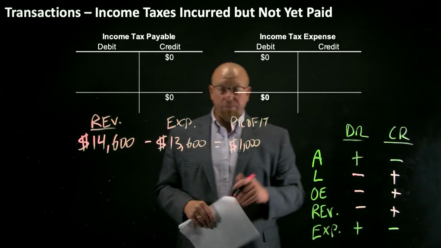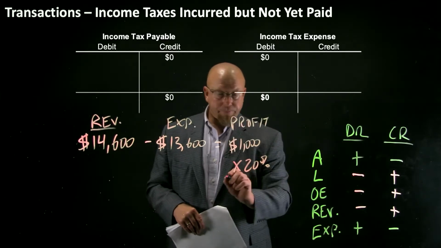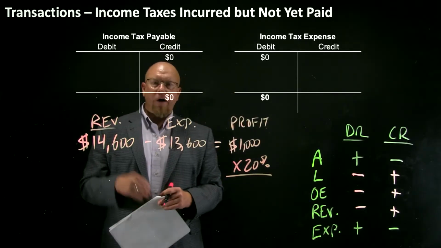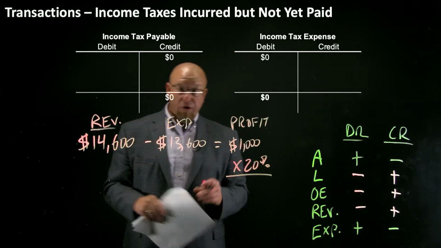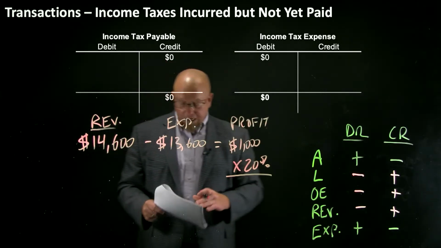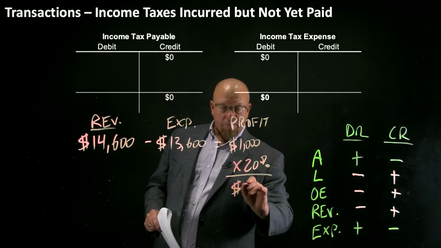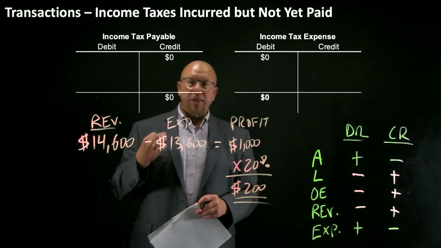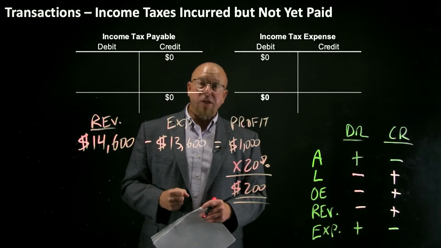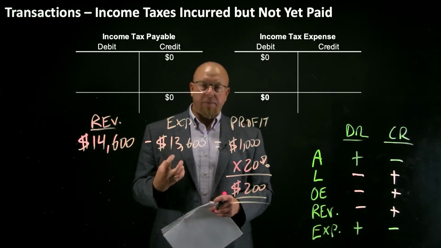Let's just assume, for simplicity's sake, that our income tax rate is 20%. And that's probably not too far off from the income tax rates that are in place right now as I'm recording this video. If you watch it at a different point in time, tax rates could be different. But the $200, that's what's going to be due to the IRS, really to the United States Treasury, associated with the profit that we generated for the month.